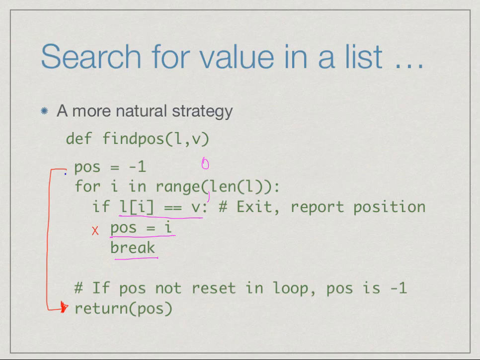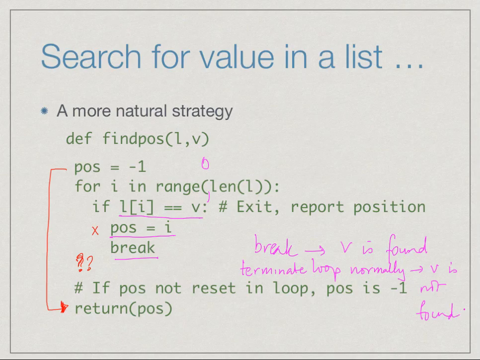So the question is, what if we don't have a situation where such a clever trick is possible, or if we don't think of this clever trick, how would we know at this point? Remember, there are two situations. Either we break, which means that the value is found, or if we don't break, if we terminate normally, if the loop ends by going through all the things, then v is not found.